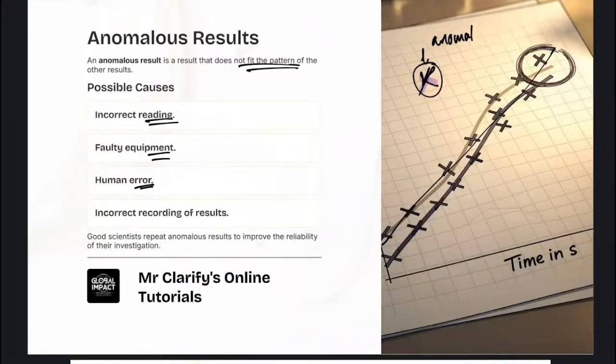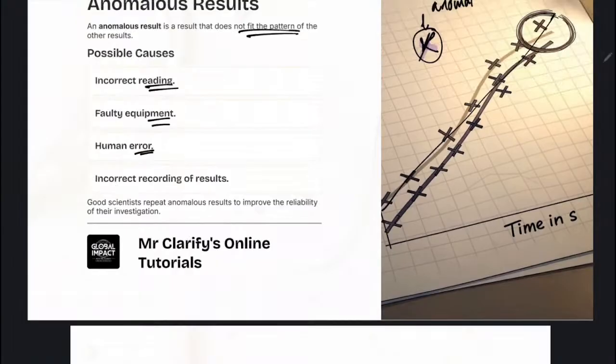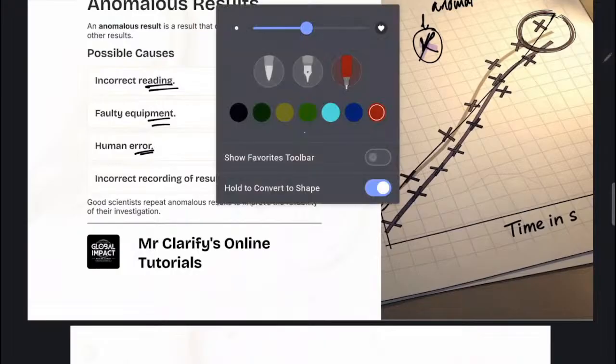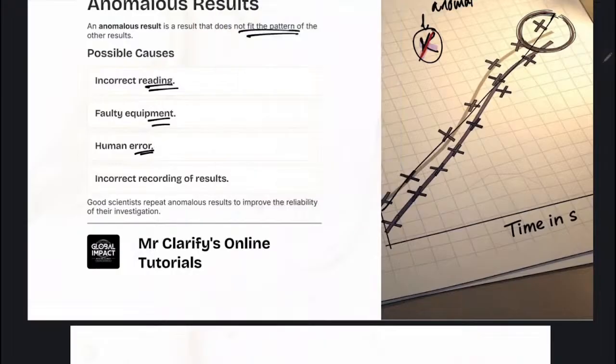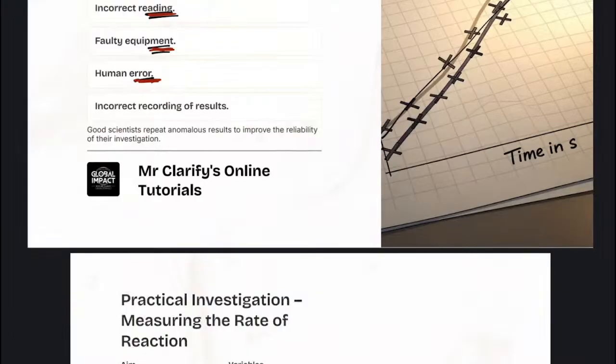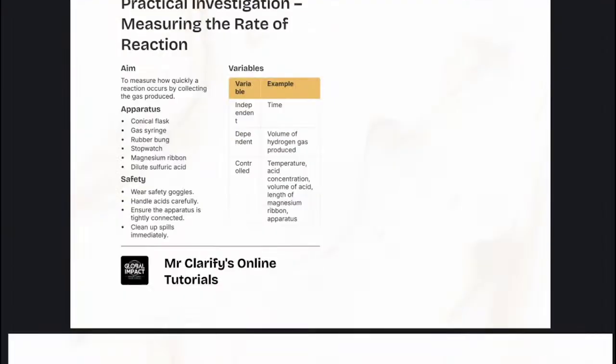Yes, it's the odd one out, a weirdo. If you read the values wrongly, or you use a dead device or equipment, or some other human error, like you affect something when you're reading, then you get an anomalous result. But remember, don't fit it into the other pattern. Okay?